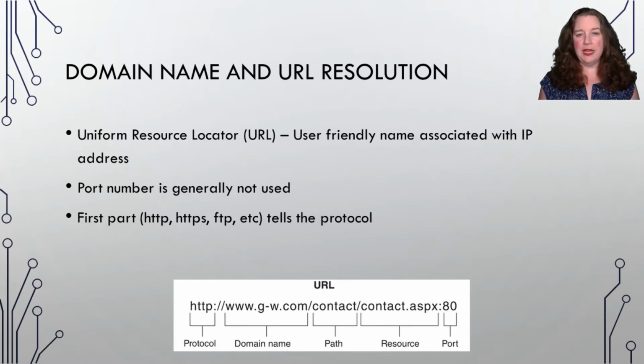From our domain name, you are going to have a series of directories that we call the path. It can be none, it can be one, and it can be multiple. We've covered this in previous chapters, so I'm not going to spend a lot of time. After our path, we have the resource, the actual page. In this situation, we're referring to an ASPX page, or an Active Server Page, an ASP page.